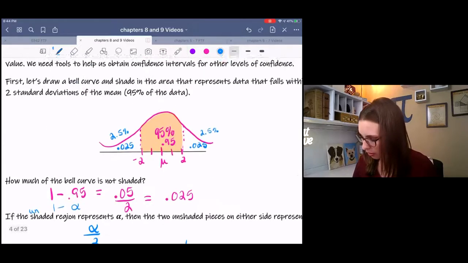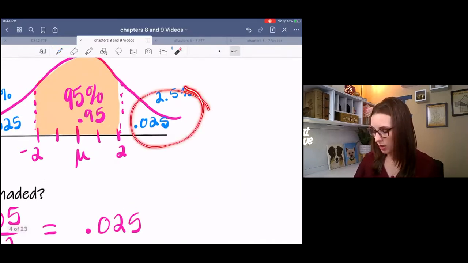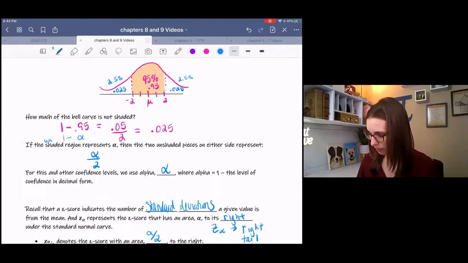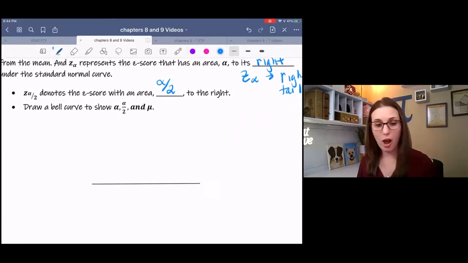So up here, the z-score associated with this area is 2. Let's go back here. Draw a bell curve to show alpha, alpha over 2, and mu. If you want to pause it and try to draw it on your own, go ahead and do that, and then come back.